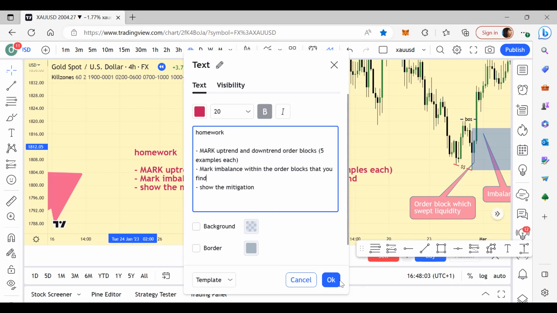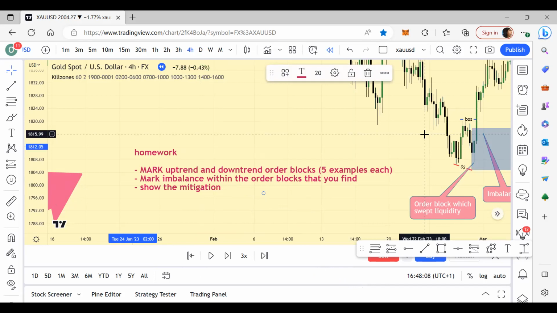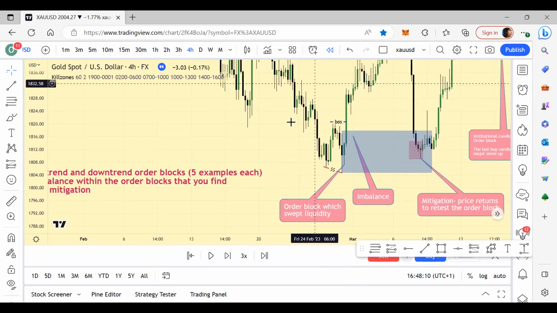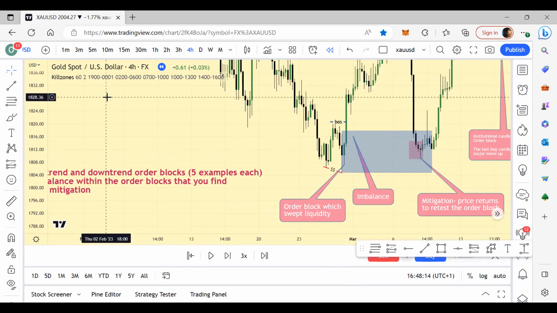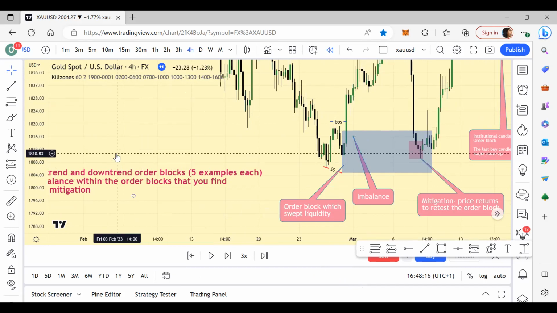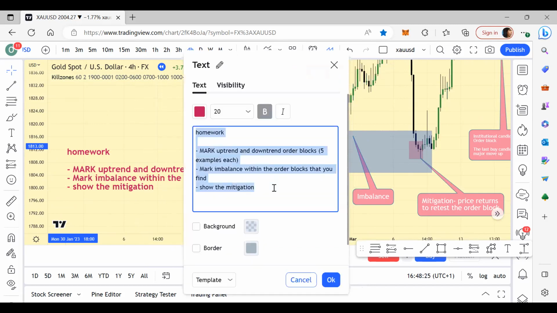And then show the mitigation of that order block. Do not use this example because I've used this example already. There are so many different examples on the chart. And I want you guys to use the 4-hour time frame for this. Just put it there, 4-hour time frame.